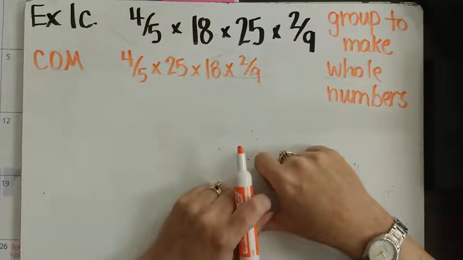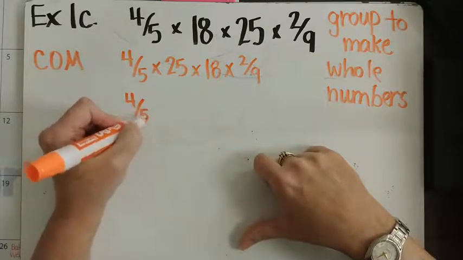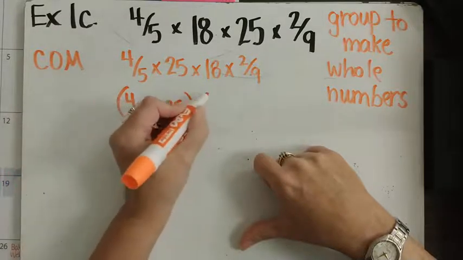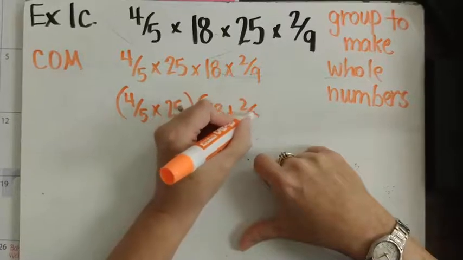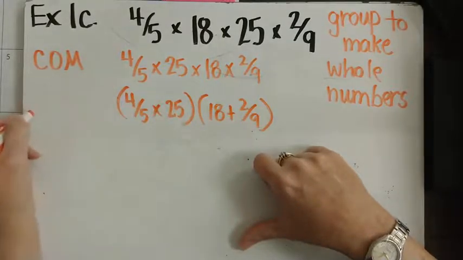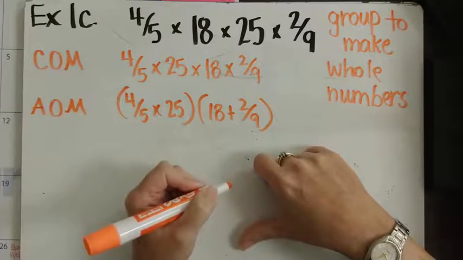Now that I have them rearranged, I want to show some groupings. I'm going to show what two numbers I'm multiplying together by grouping. And this grouping is the associative property of multiplication.